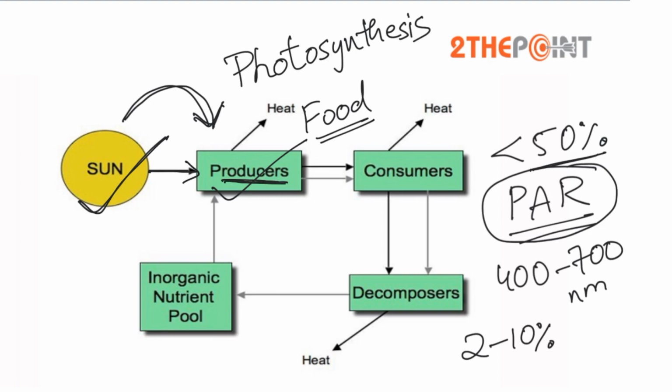Producers are nothing but plants which make food out of it, and this energy is further sent out from plants to the next levels. In this diagram, these arrow marks show the flow of energy, and all these arrow marks are in one direction. That means the flow of energy on earth is unidirectional, it doesn't go back.